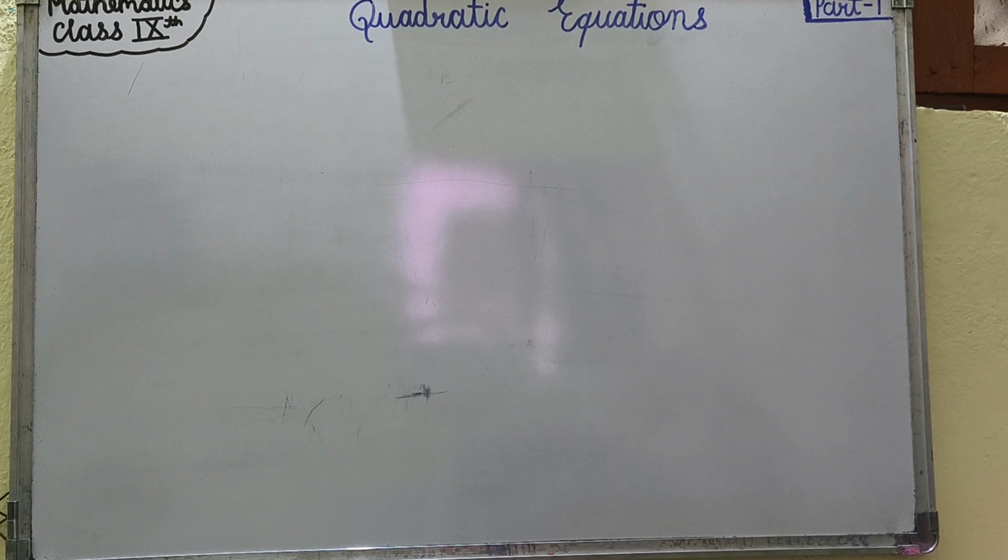Let us see the history of the quadratic equations, meaning introduction. Abel's first notable work was a proof of the impossibility of solving the equation by radicals.